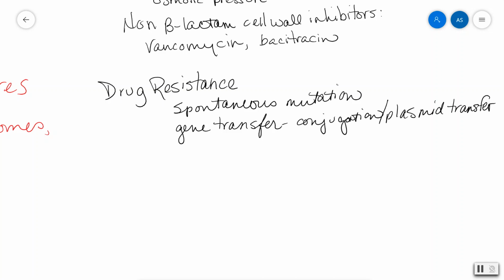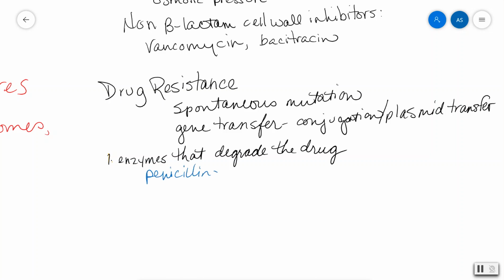Now, the mechanisms of drug resistance include enzymes that degrade the drug. And a really good example of this is something called penicillinase or beta-lactamase.